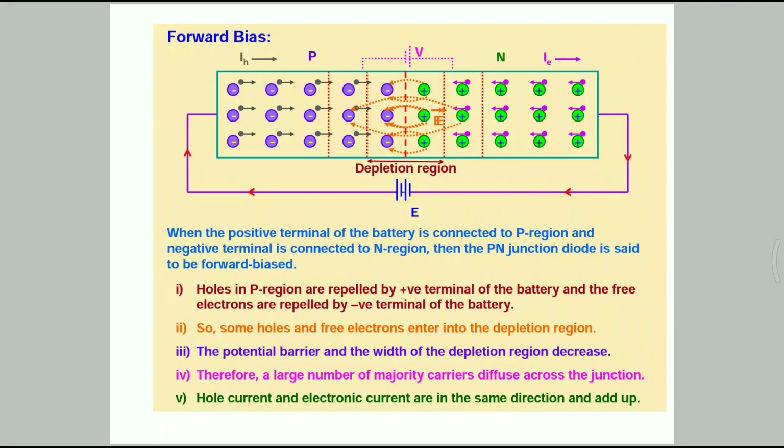The potential barrier and the width of the depletion region decrease. Therefore, a large number of majority carriers diffuse across the junction. Hole current and electron current are in the same direction and add up.